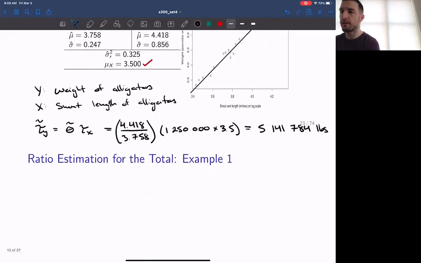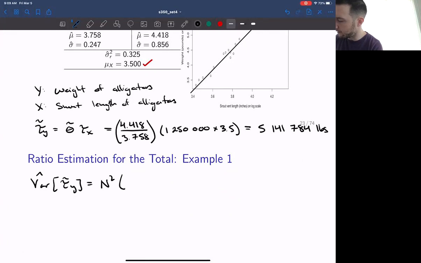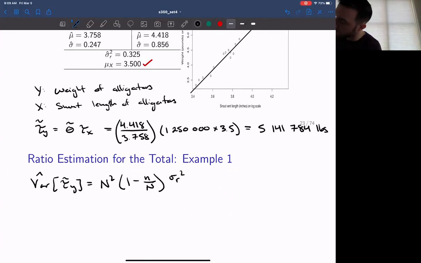Okay, so we also require the 95% confidence interval, which means that we need to compute the variance of tau tilde y, and then we will have to take the square root and multiply by 1.96. So now the variance of tau tilde y is equal to N squared times 1 minus little n over capital N, multiplied by sigma r squared over little n.